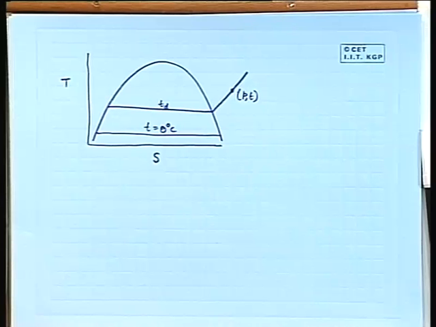Our psychrometry application is at low pressure region, and in this region the enthalpy is a very weak function of pressure, but it is a function of temperature.